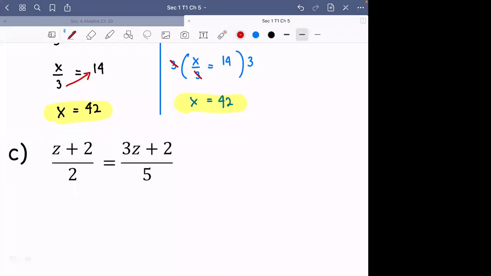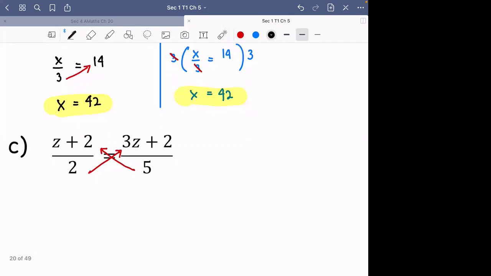So 2 is multiplied to 3z plus 2, and 5 is multiplied to z plus 2. What do we get? So we get 5z plus 10. 5 times z is 5z, 5 times 2 is 10.